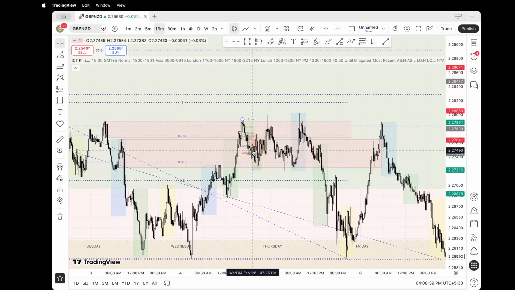Okay, this was the change of character we took. It came and took the liquidity. It again came and took the liquidity. It took the liquidity three times.